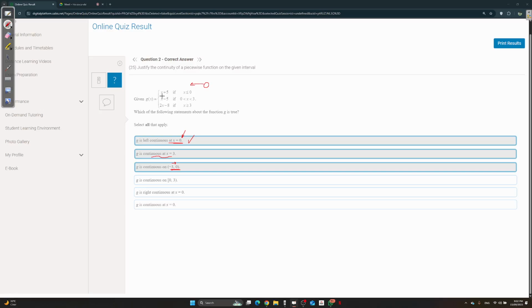Is there any other function before 0? Is there any reason to be discontinuous? There should be no reason, because before 0 it's always x plus 5. There's no switch, there's no change. And we agreed that it is left continuous at 0. For that reason, any number before 0, the interval will be continuous. Here they said minus 3, that's correct.